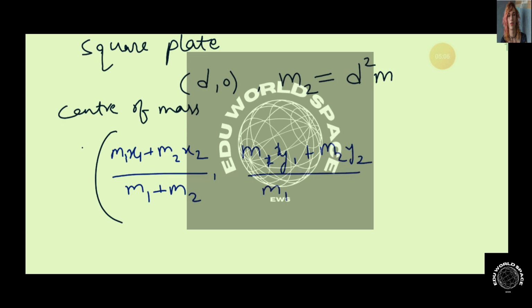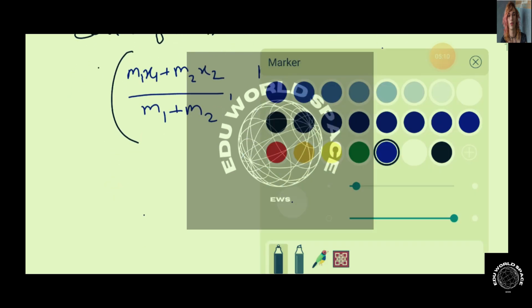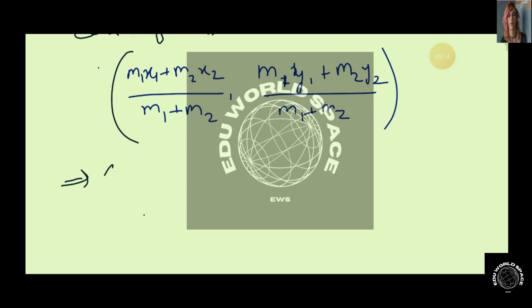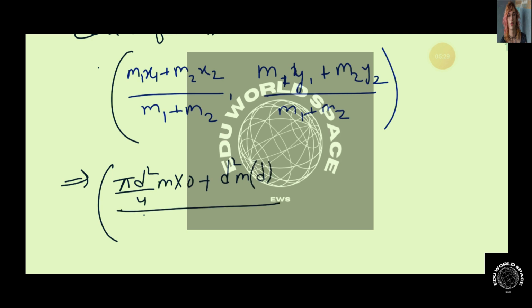Now substitute the data. The x coordinate will be m1, that is pi d square over 4 times m, times x1, which is 0, plus m2 x2, that is d square times m times x2, which is d, divided by m1 plus m2, that is pi d square over 4 times m plus d square times m.